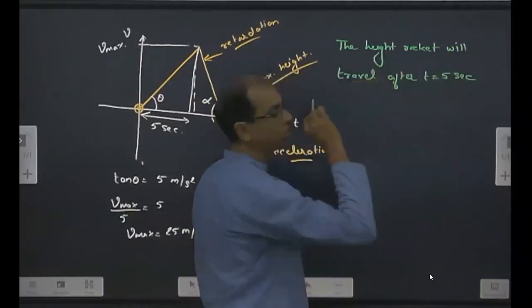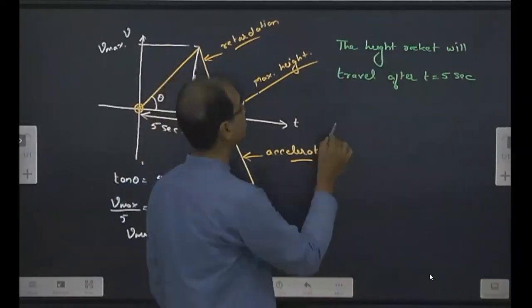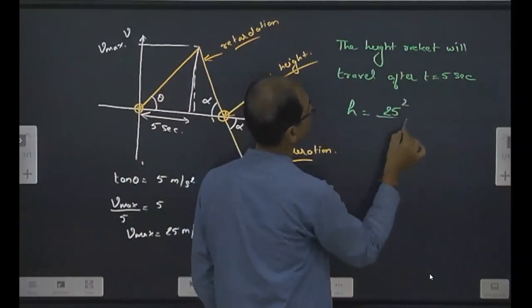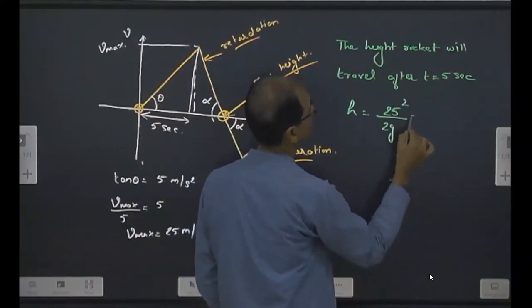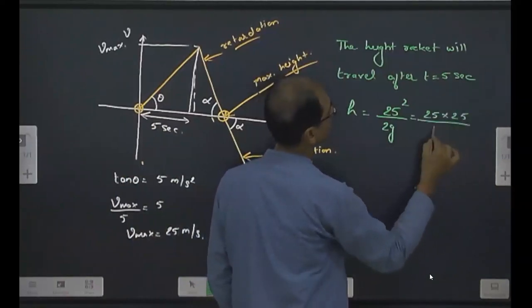Now, at t equal to 5 seconds, speed is 25. So the height it will travel is v square by 2g. That means 25 into 25 by 20.